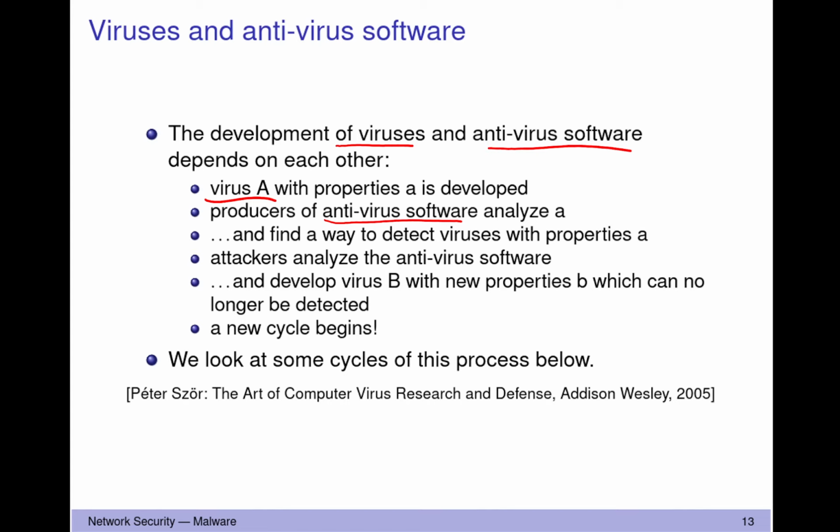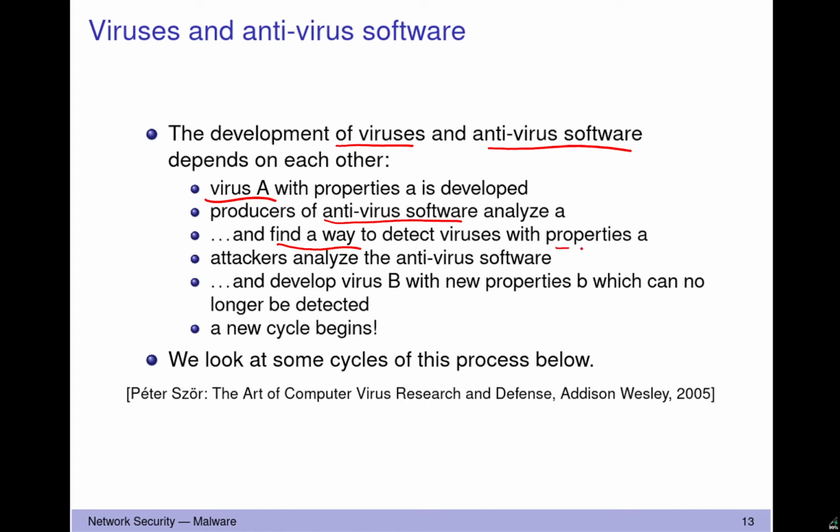So they have some examples from the real world. Then they analyze it. They find the signatures, which they can put in their databases, or they find the behavior that identifies the virus, and that's also put in the database.